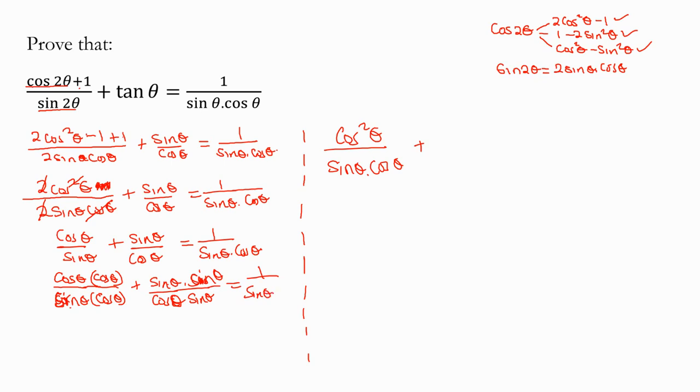Okay, cos theta sine theta is just the same as sine theta cos theta. Multiplication is commutative, remember that. And then now our denominators are the same. We can add the numerators.